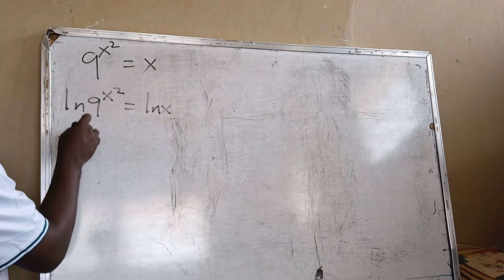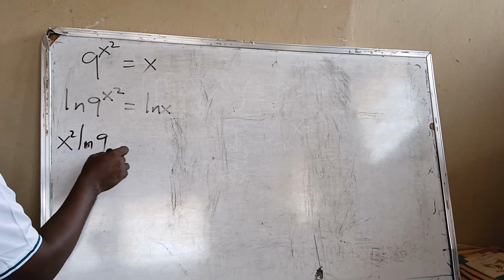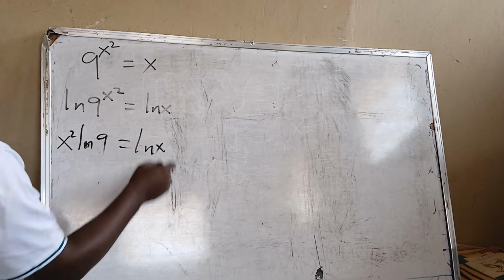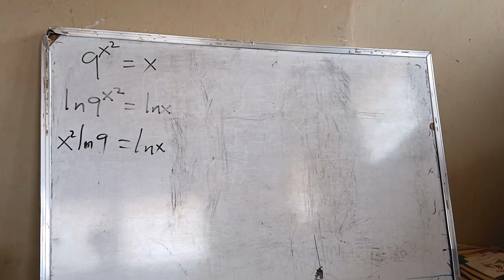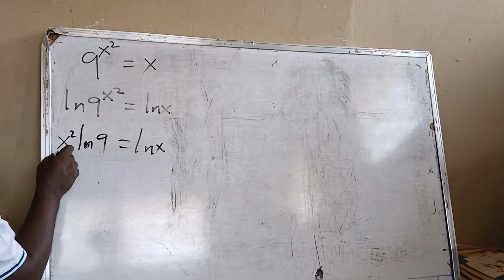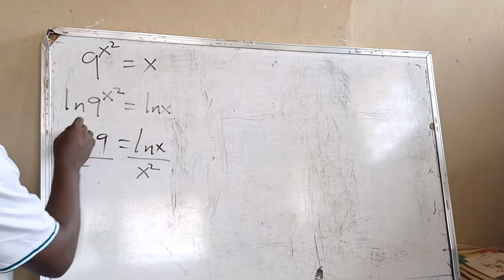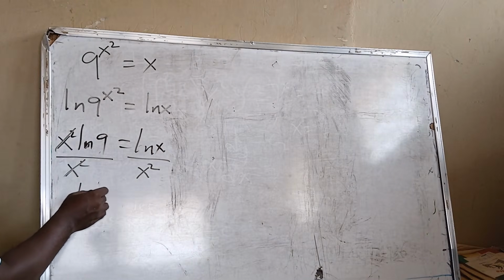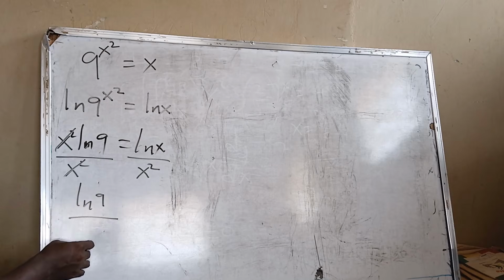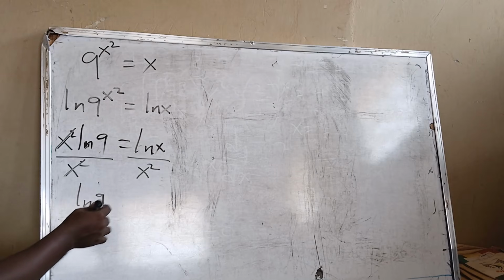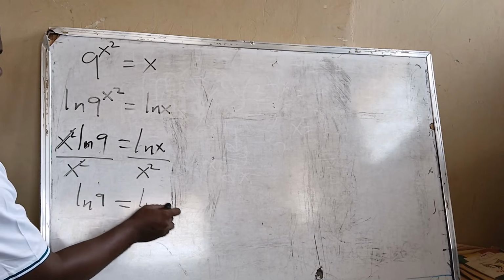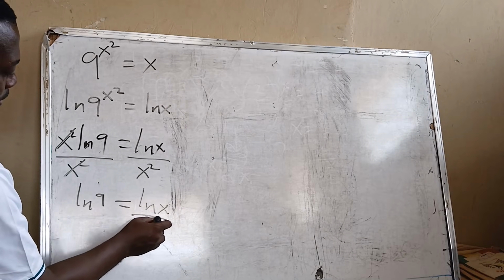That will be x squared ln of 9 equals ln of x. All right, now I want to group the x on one side, so I would like to divide both sides by x squared and do the same here. So this one will cancel, and I'll be left with ln of 9 equals ln of x over x squared.